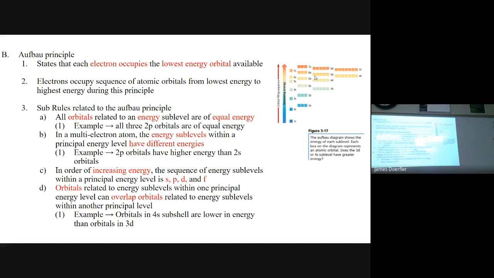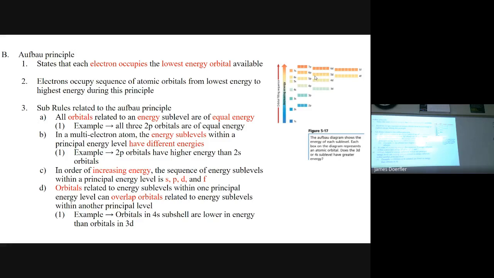And then this last statement, statement D here, addresses why we have situations when we get into the d and the f orbitals where we have to drop that n value down. Like we were in 4s2, then we go to 3d10, okay? The reason why we have that difference in our numbers is because orbitals related to energy sublevels within the same principal energy level, so within that same 4th principal energy level, they can overlap.